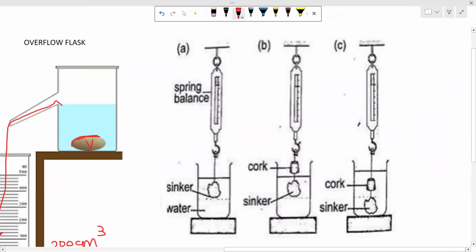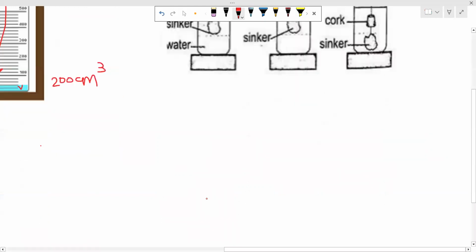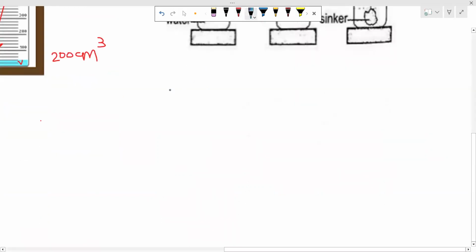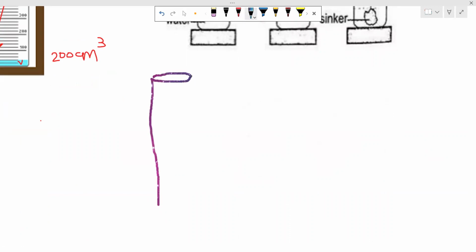Next question. See, every substance doesn't immerse in water completely, सारा चीज आप पानी के अंदर नहीं डाल सकते। Suppose plastic floats in water, it doesn't get immersed, completely submerged. So for that we have to use a sinker. You have to draw the diagram of the sinker. Somehow your sinker will look like this.